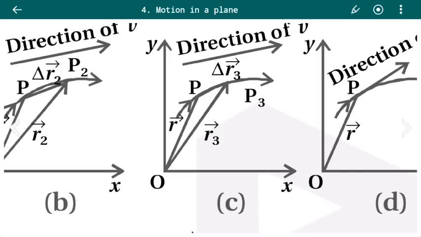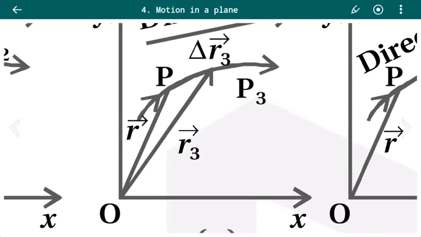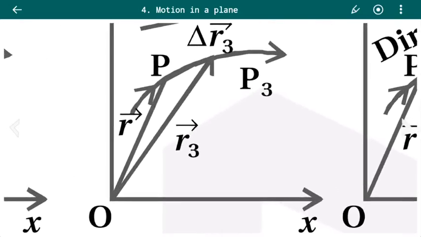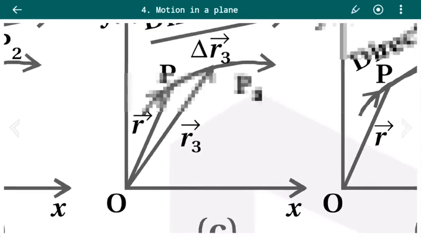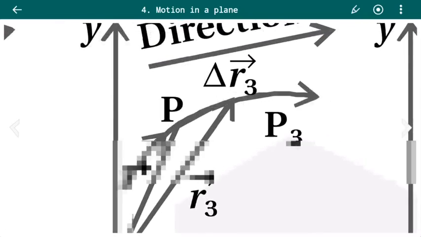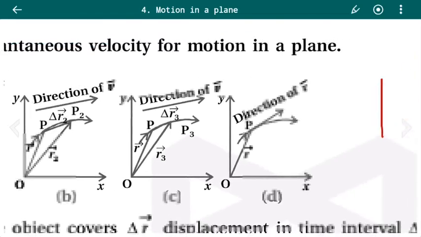Again reducing the time interval, taking it as delta t3, the position of the object will be at P3. So its position vector will be r3 vector, and the displacement will be delta r3 vector.